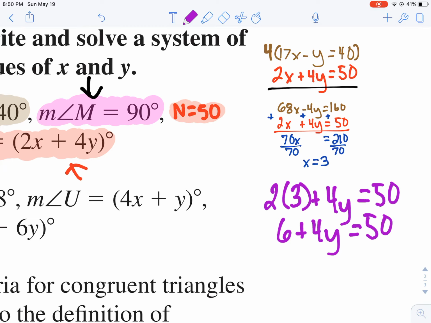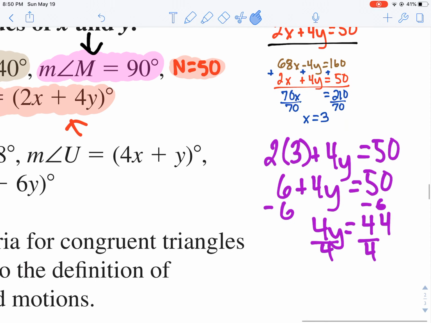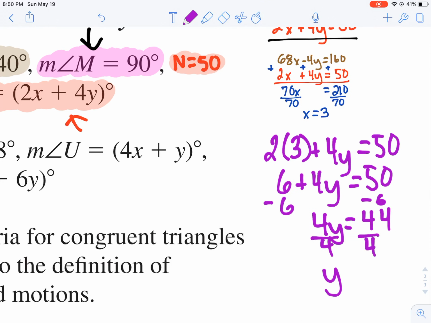Notice how I'm writing out each step. It's always a good idea to do this. I know a lot of people like to skip this stuff, but this is where mistakes happen. I get 44. Divide each side by 4. And I get y equals 11.